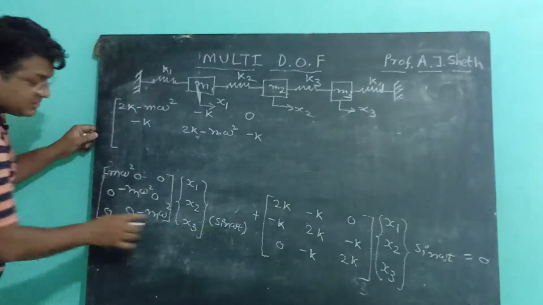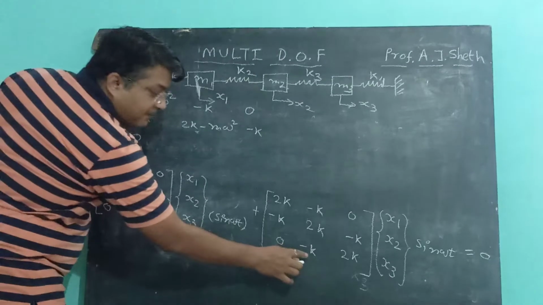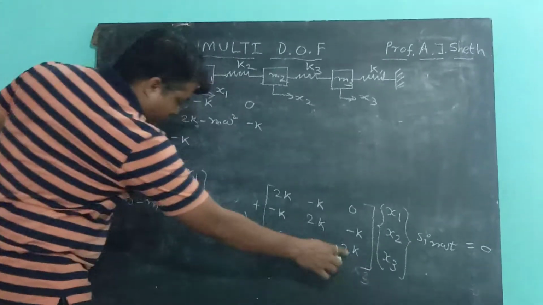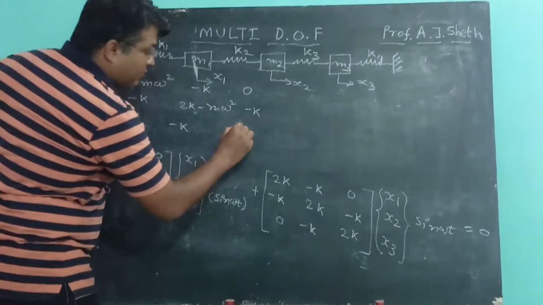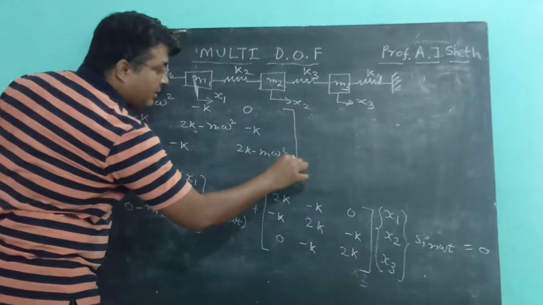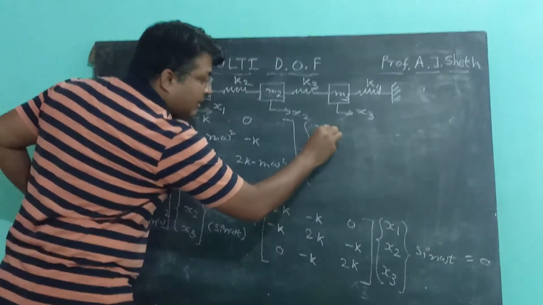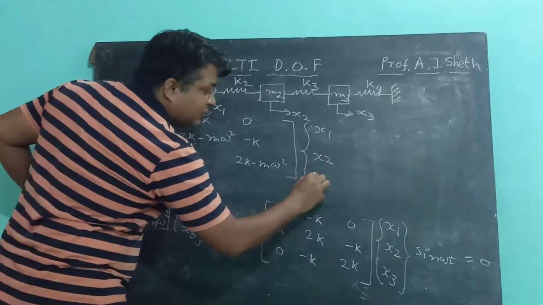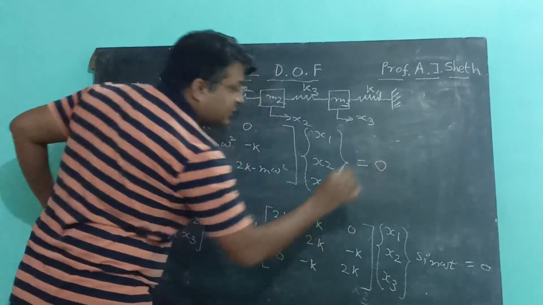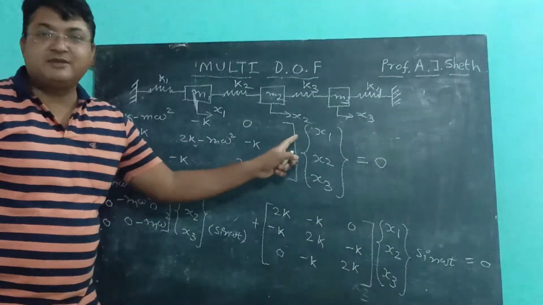Finally it is 0 plus 0, 0, 0 plus minus k, it is minus k, and 2k minus m omega square, multiplied by x1, x2, x3, equal to 0.